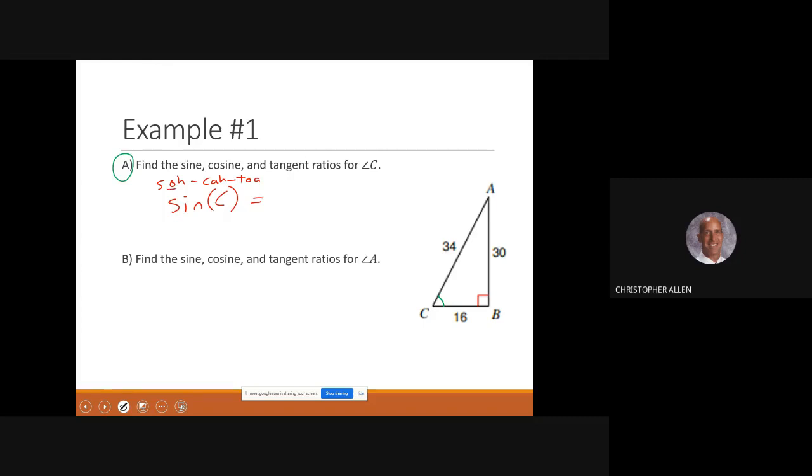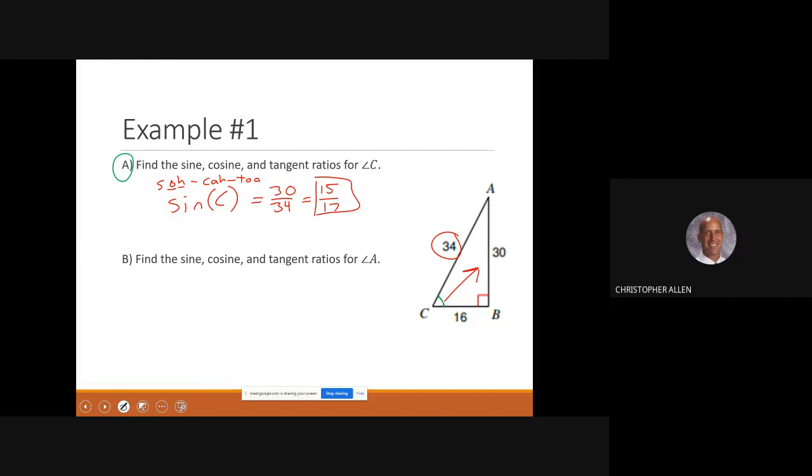Sine means opposite over hypotenuse. So that's going to be 30 over 34. Now, guys, we need to reduce this fraction, and I think 2 goes into both of those, so it's going to be 15 over 17. That is the sine ratio for angle C.